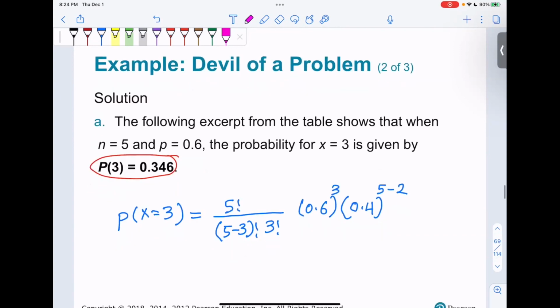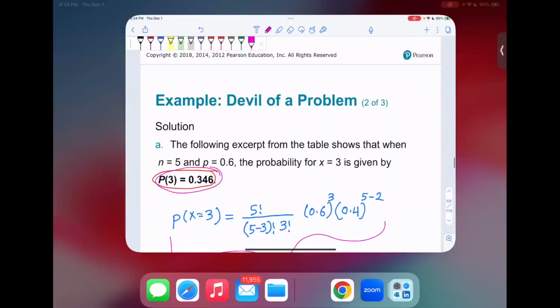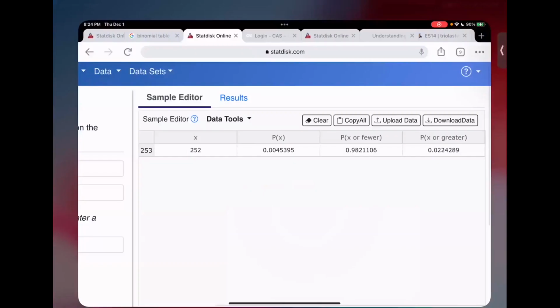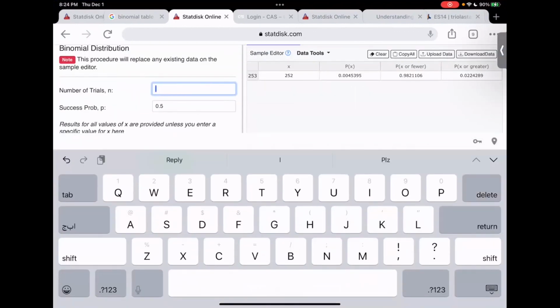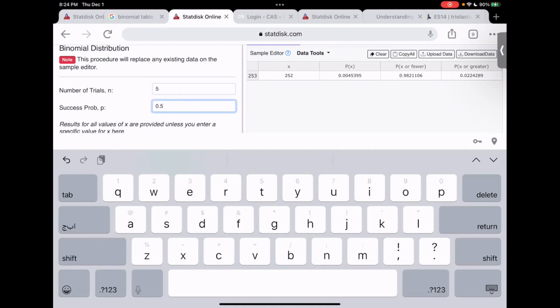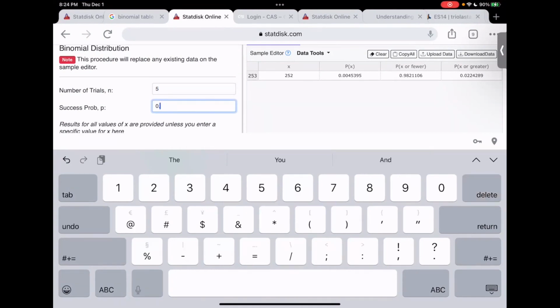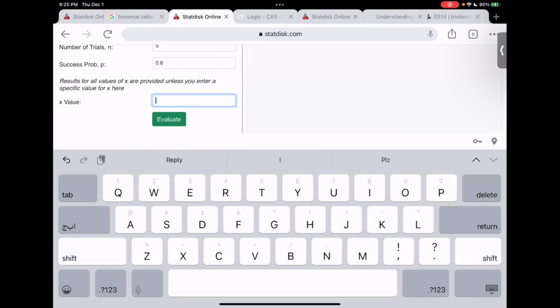If you calculate this, you will get this value. So from the table, you got it. If you want to use technology, you will have it here: number of trials 5, probability of success 0.6, and then the value of X will be 3, right?